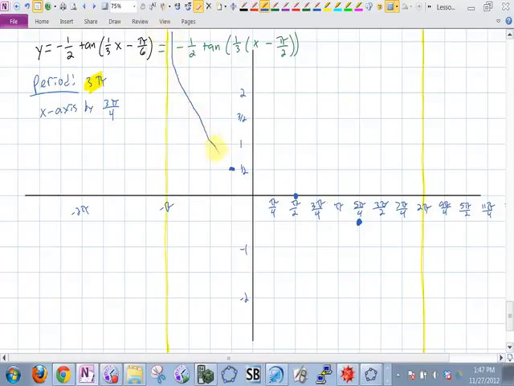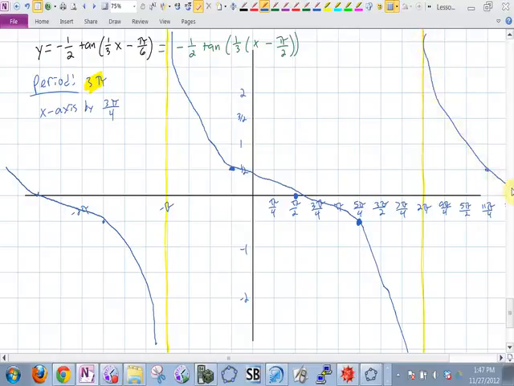I got it this time. Good enough, all right. So then we'll have a point here, something like that. Think a point here, something like that. That was beautiful.